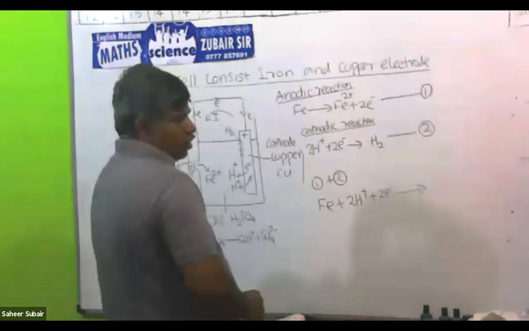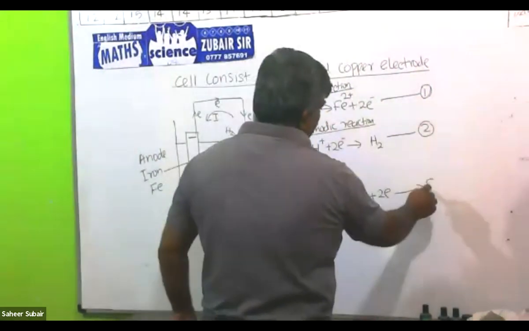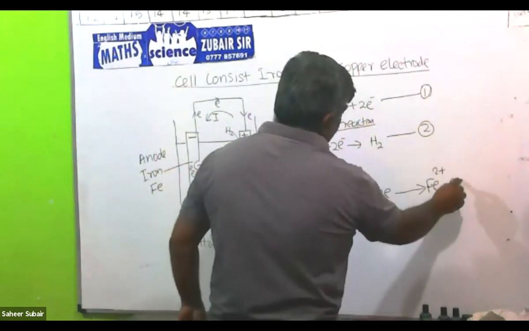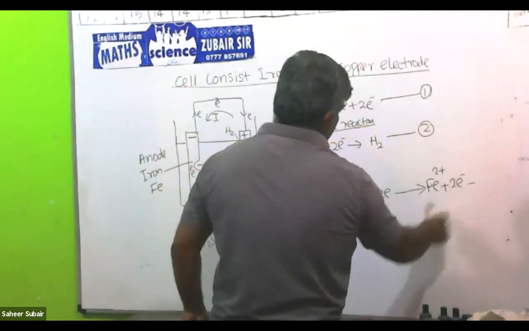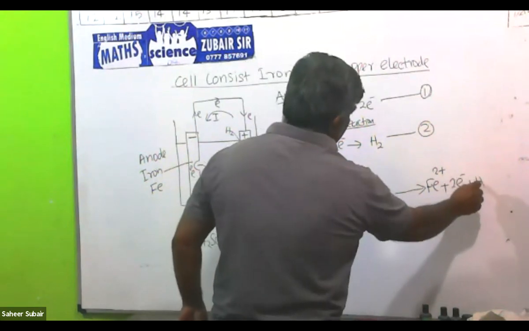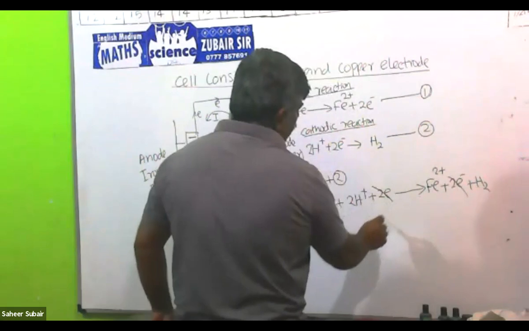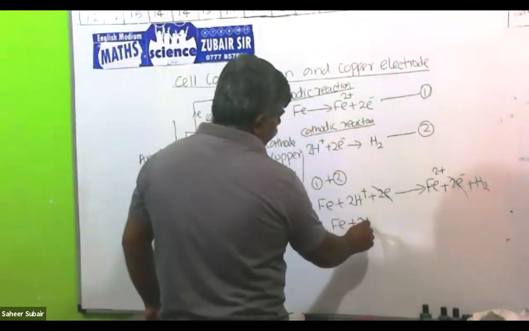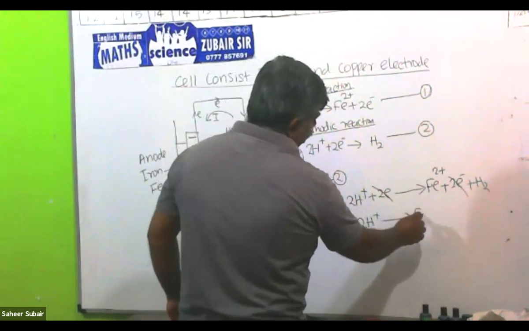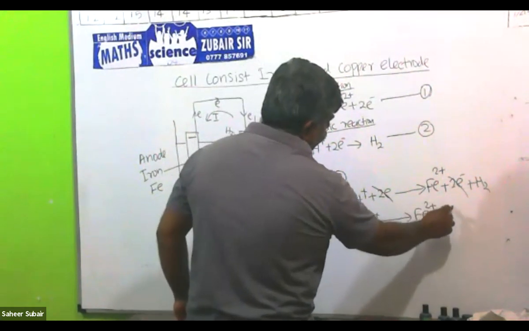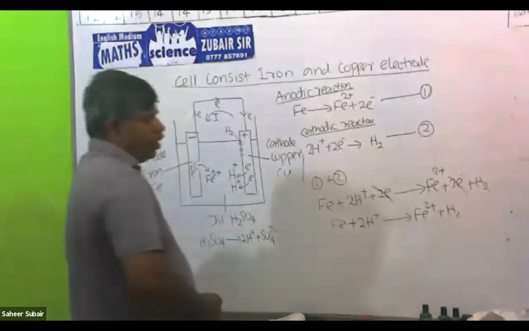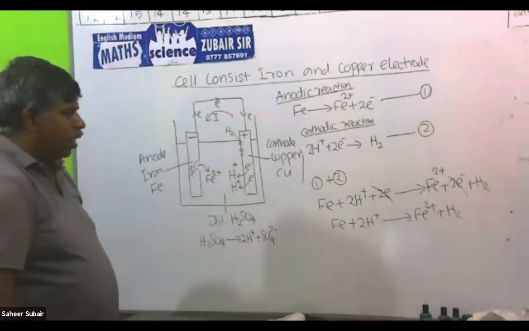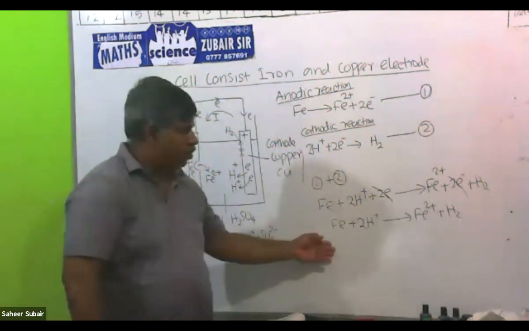Then when you add this side, Fe2+ plus these 2 electrons plus that hydrogen. Then either side we can cancel the electrons. If you cancel the electrons, Fe plus 2H+ gives Fe2+ plus H2. Then this is the balanced overall ionic reaction.